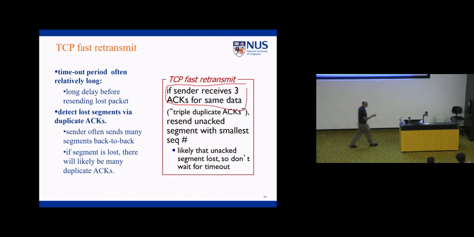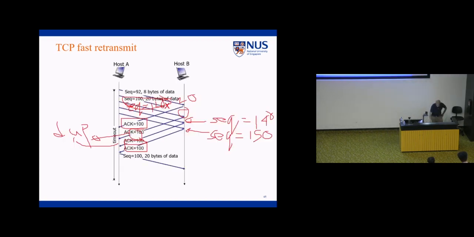Okay. So his question is, this is what happened. I got 3 duplicate acknowledgements, so I took that as a sign that packet number 100 must be lost. So I retransmitted 100. Then the question is, immediately afterwards, should I resend, let's say, sequence 120?